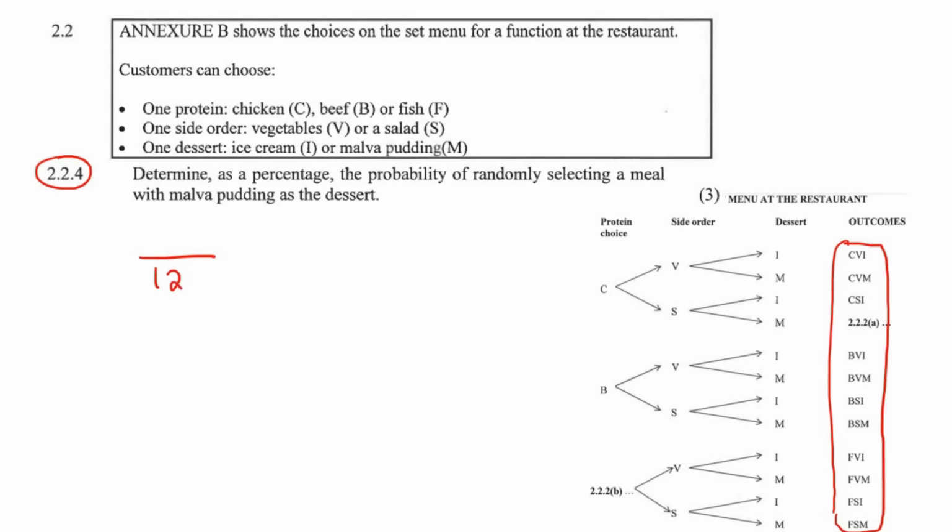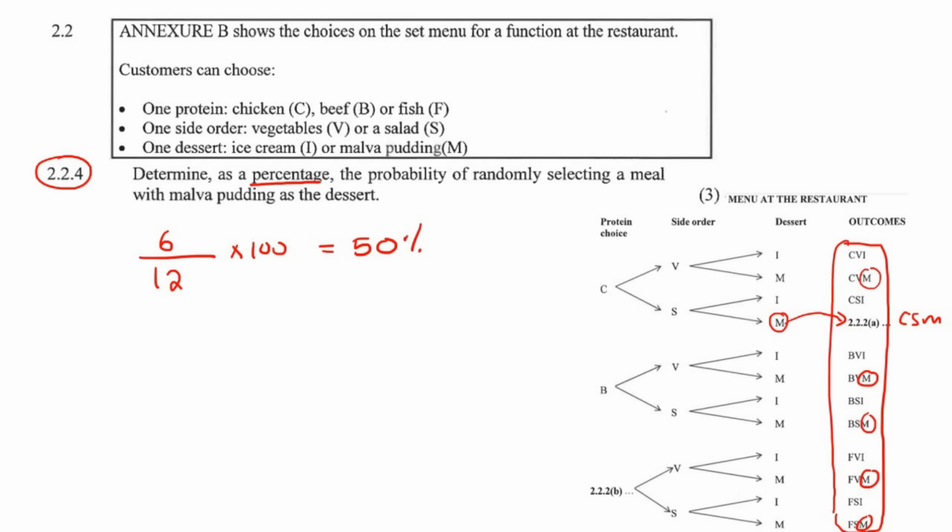So out of the 12 different options, how many have malva pudding? Well, there's 1. This one would have been a malva pudding because that one was CSM. So that's 2, 3, 4, 5, 6. 6 out of 12. If you multiply that by 100, because we would like it as a percentage, that would be 50%.